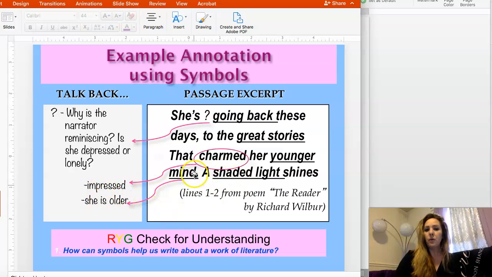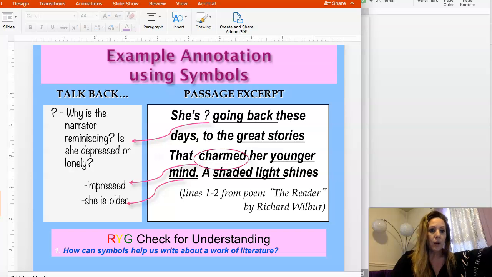You could also examine things that are important from what you've underlined and make other notes. So when I put she is older, I really felt that was important, and I'm missing my asterisk, my star. And so make sure if you're going to jot down something that is important, you put your little star.